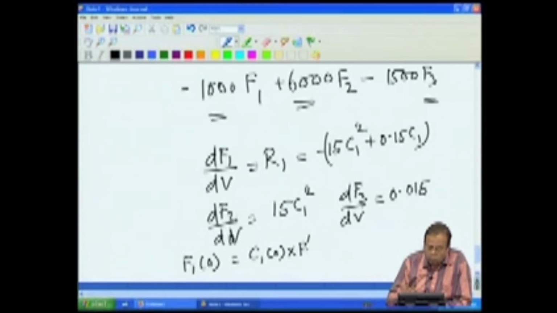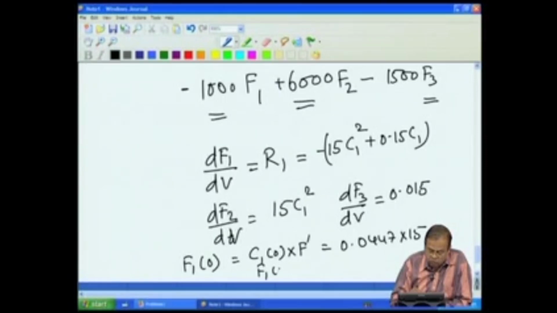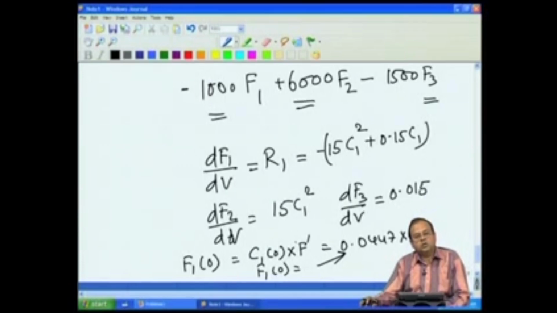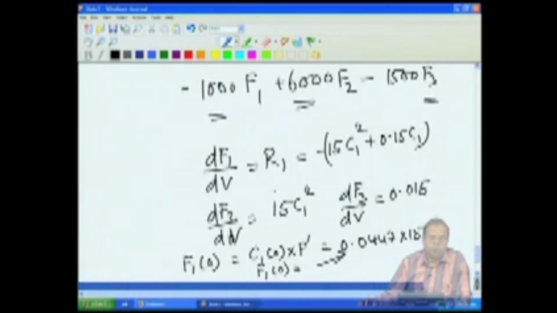So, I know F10, and F20, F30 are all 0, no products in the feed.